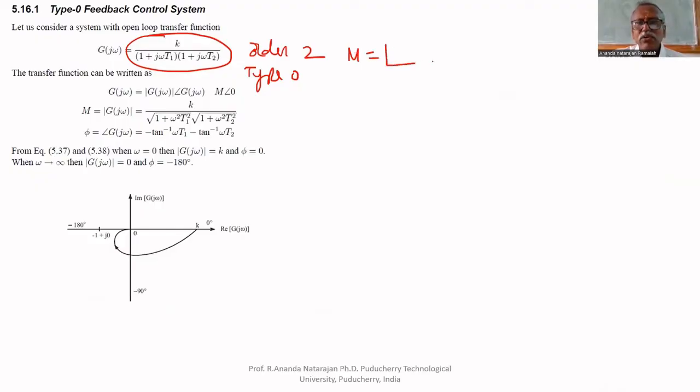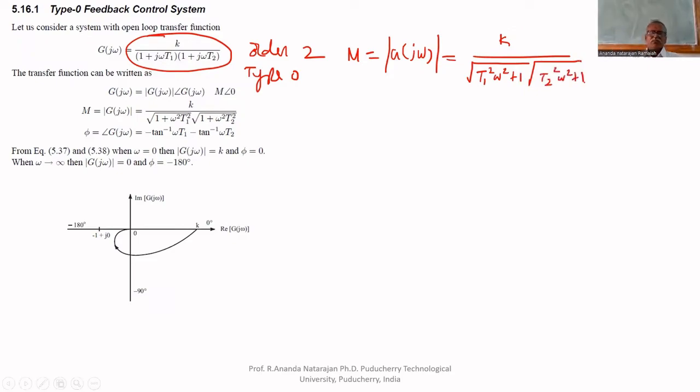What is the magnitude? Magnitude equals modulus of G of j omega, which is equal to K upon square root of (T1 square omega square plus 1) times square root of (T2 square omega square plus 1).